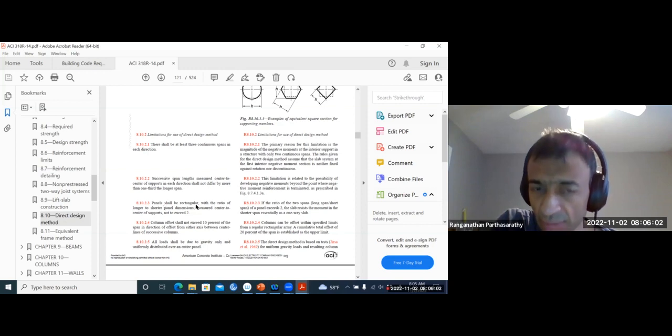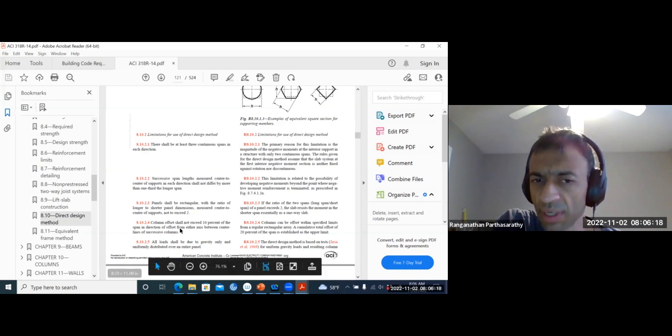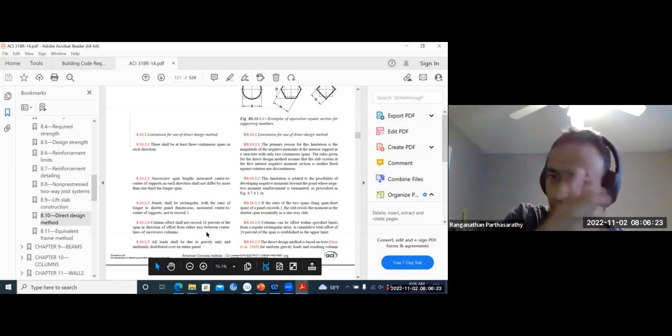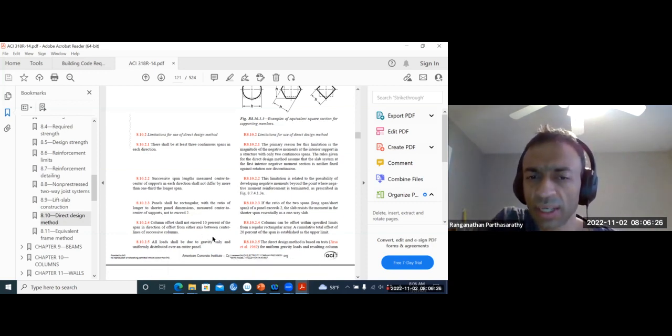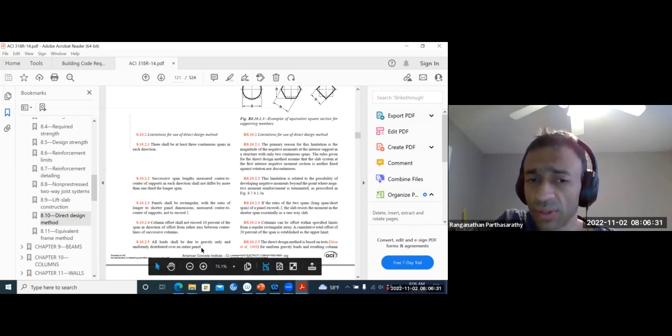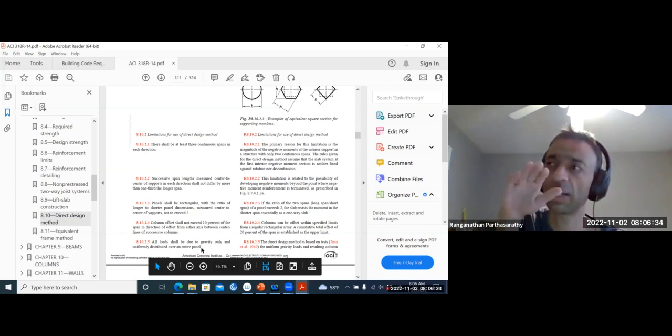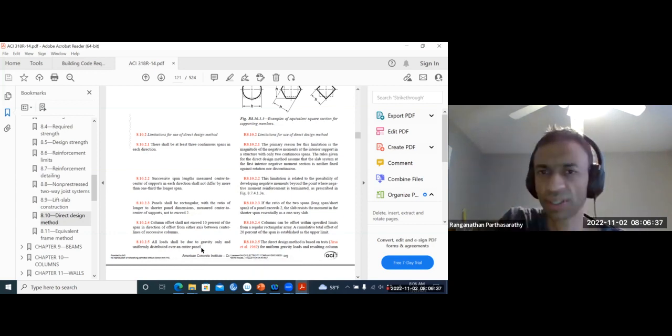Panels should all be rectangular, and the ratio of longer to shorter should not exceed 2. Column offset shall not exceed 10% of the span in direction of offset from either axis between center lines of successive columns. And only gravity loads, no lateral loads. You cannot have lateral load and the slab carrying the load by diaphragm action. You cannot design that by direct design.